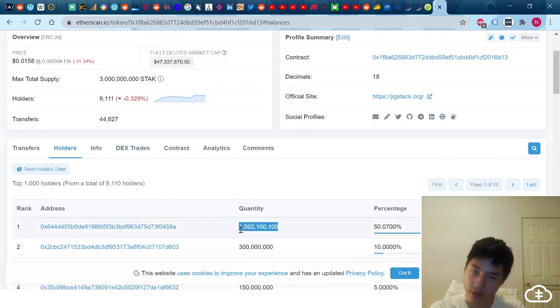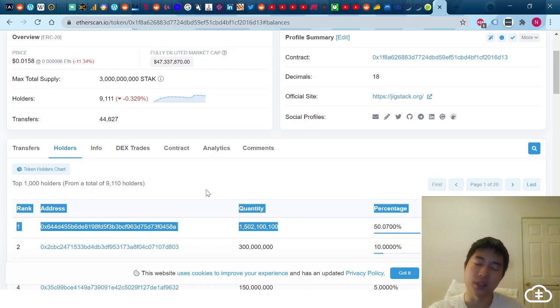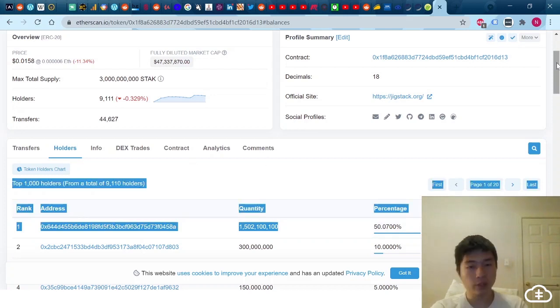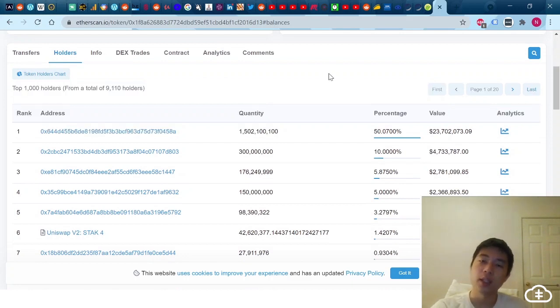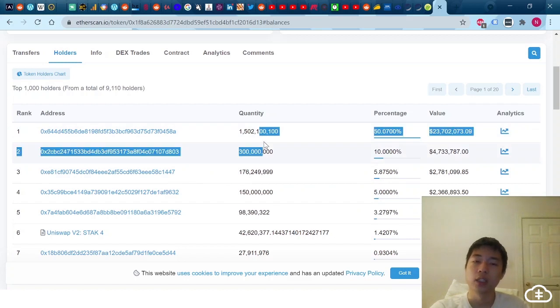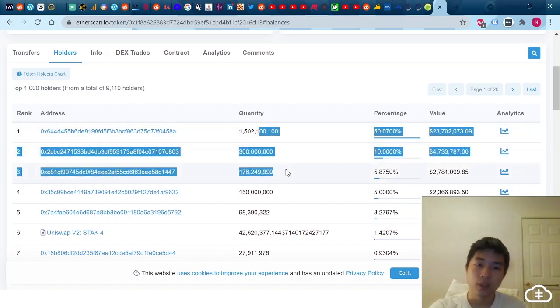The assumption I would operate off of is that this would be the team token wallet. I would still double check it, just in case. If I were actually investing in it, I would double check that these amounts are legit.